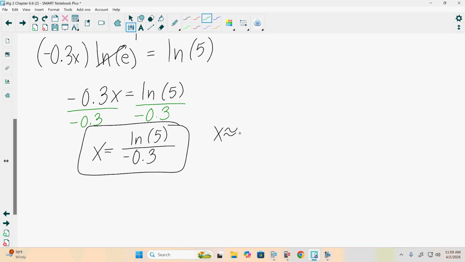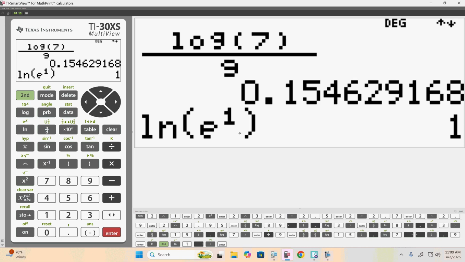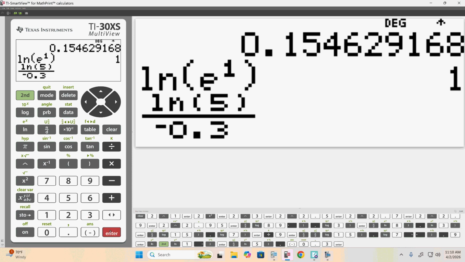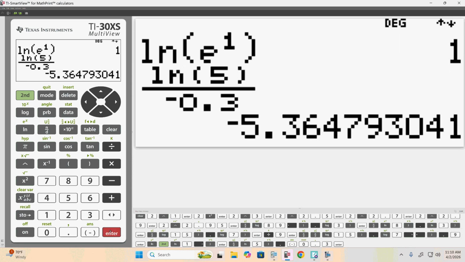Now, luckily, natural logs are a little bit nicer to plug into the calculator because the base is always e. Either calculator will let us take the natural log of 5 divided by negative 0.3, and it tells us it's negative 5.364793041, or negative 5.365.